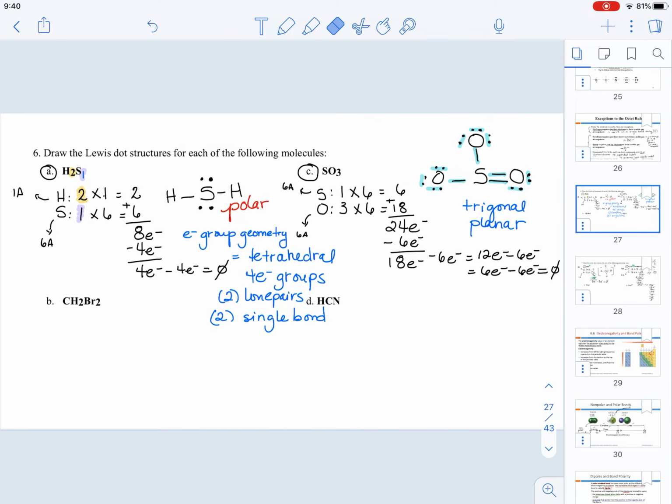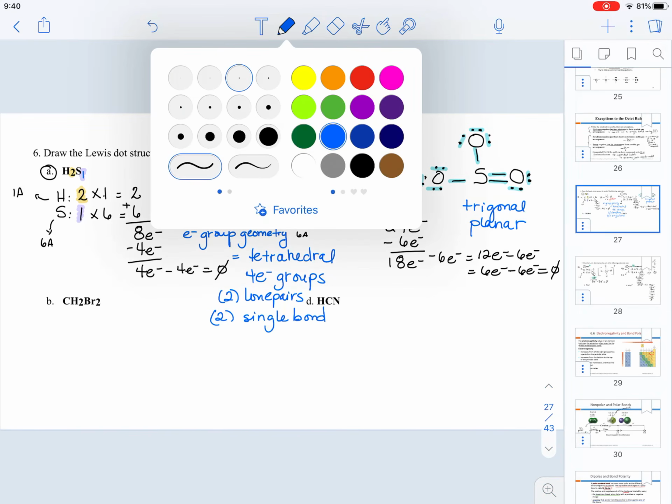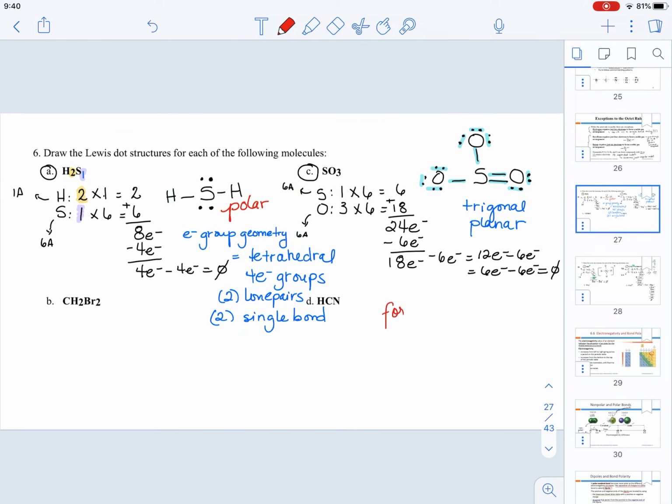Now, understand something: when I say identical, that doesn't mean that when you look at it, it is the same. For overall polarity, identical means same attached atom, not the type of attachment.